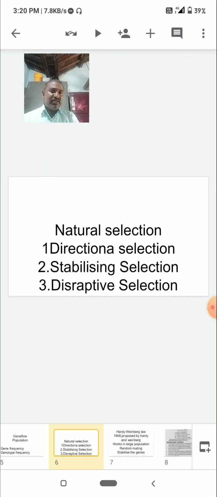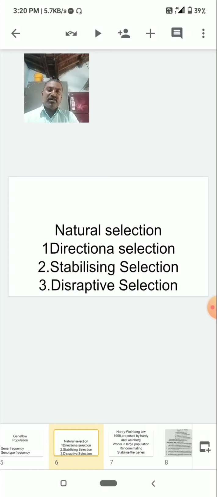For K selection, the population size is very low and the organism size is increased, but in R selection, the population size is very large, but the organism size is very low. These R selection species are particularly present in favorable conditions only.